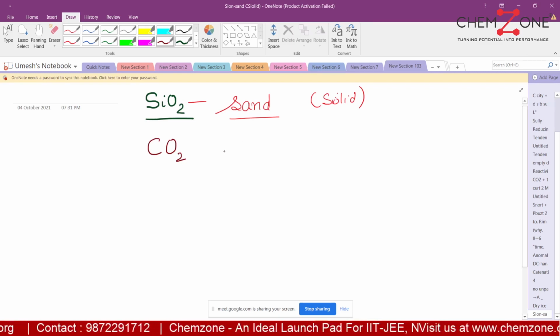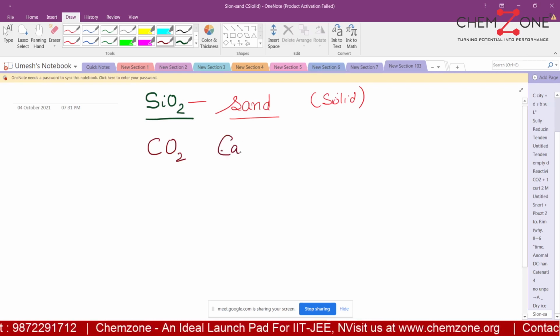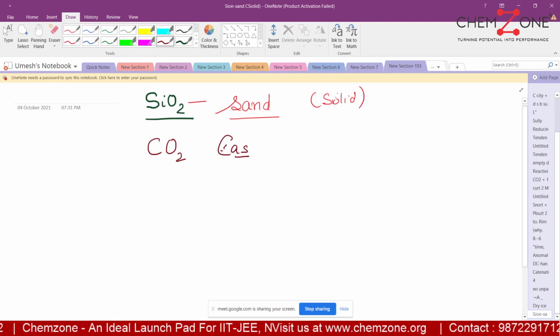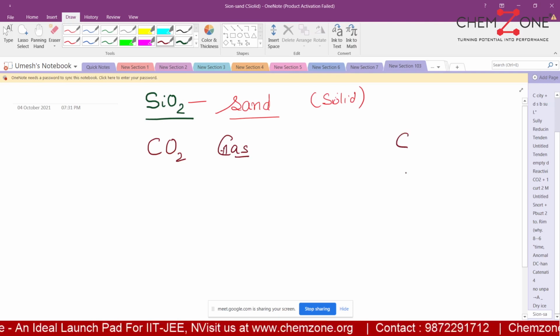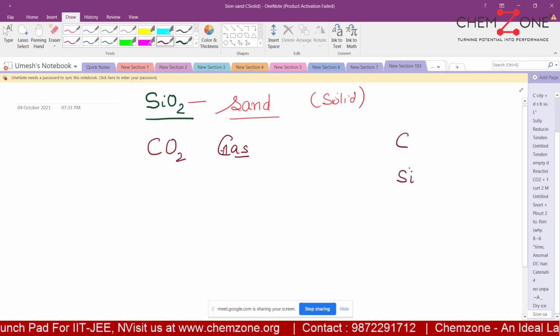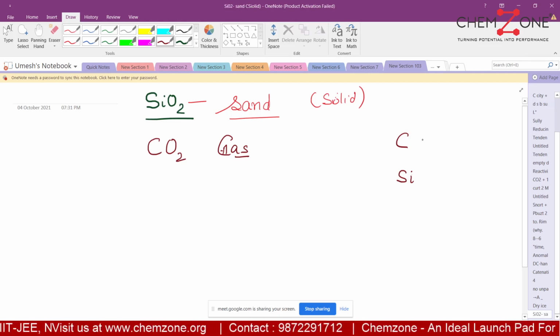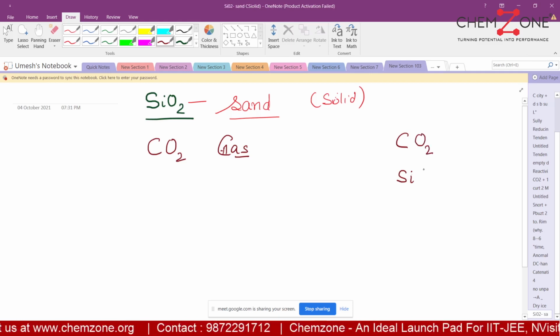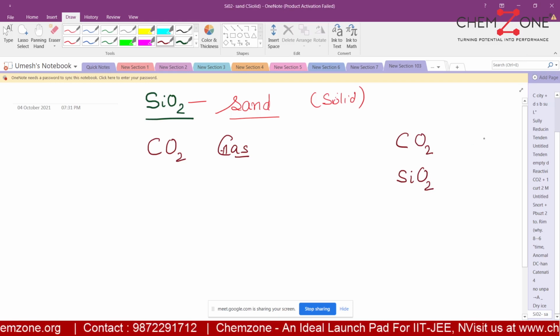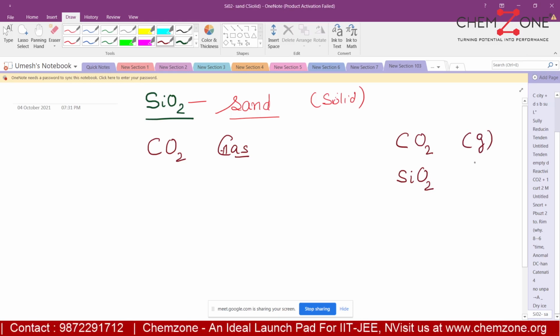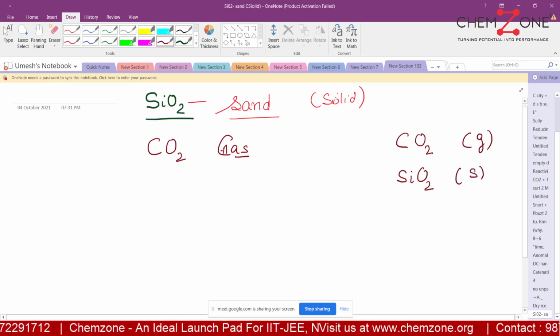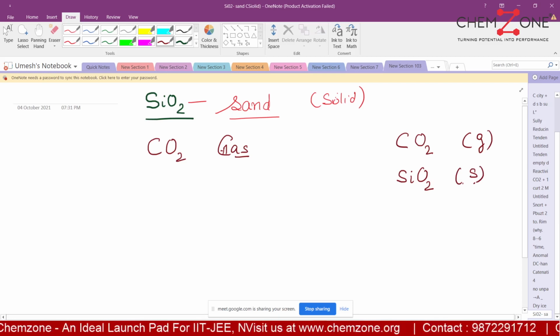My question is, both carbon and silicon belong to the same family, same group, but their oxides have a different physical form. Carbon dioxide is a gas, but silicon dioxide is solid. Can you tell me why?